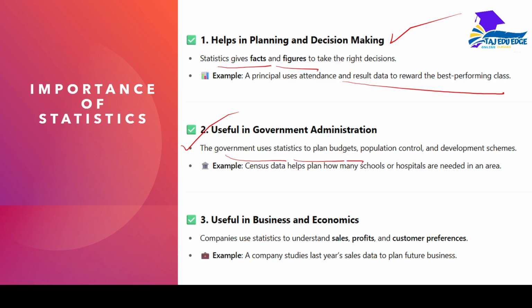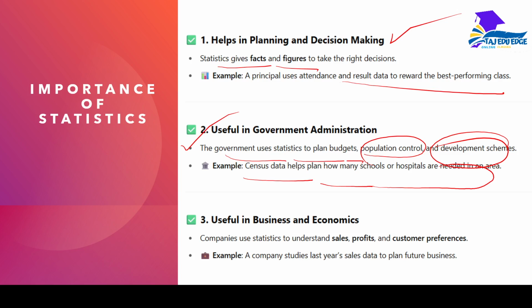Population control, and develop the schemes based on the statistical data which the government has collected. Example, census data helps decide how many schools or hospitals are needed in an area. If there are n number of people located in a particular area and there are no schools and no hospitals, the government has to take a decision to construct schools and hospitals in that particular area, right? So that is how government administration is done with the help of statistics.